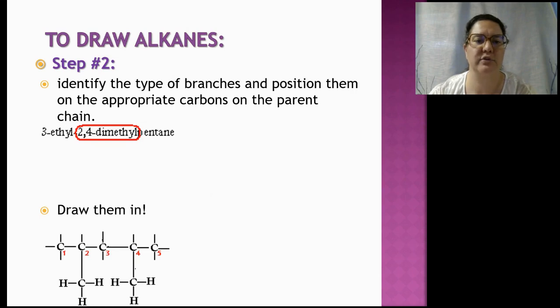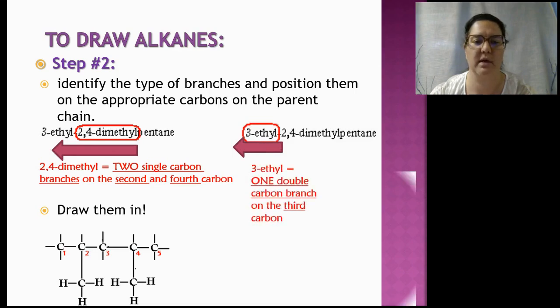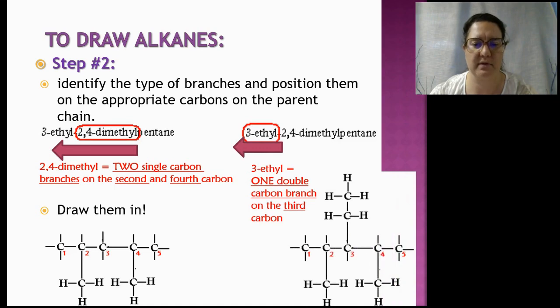Then we have 2,4-dimethyl. So this is a single carbon branch off carbons 2 and 4, so we can draw those in. Lastly, we have a 3-ethyl, which will be a 2-carbon branch off the 3rd carbon. We're going to put this in from the top so that there's room to draw it in.